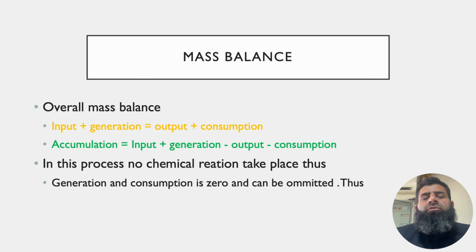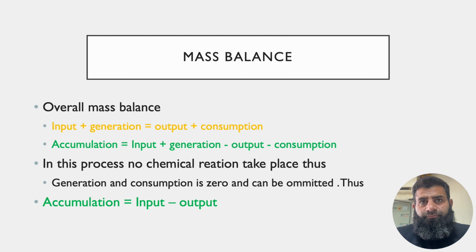As there is no chemical reaction involved in this process, generation and consumption are 0 and can be omitted, because nothing is going to be generated and nothing is going to be consumed. Then our final equation is accumulation equal to input minus output.